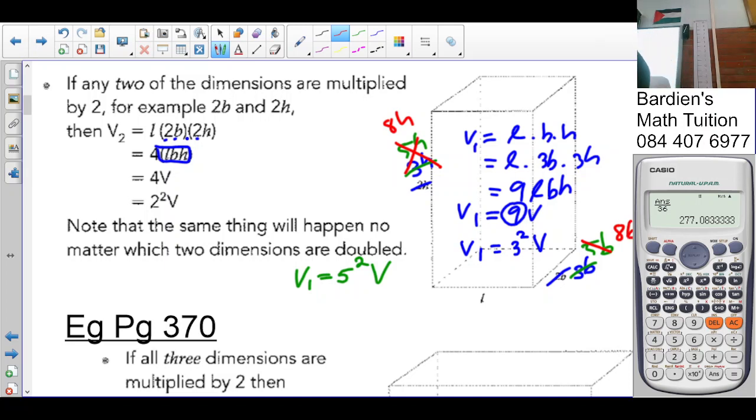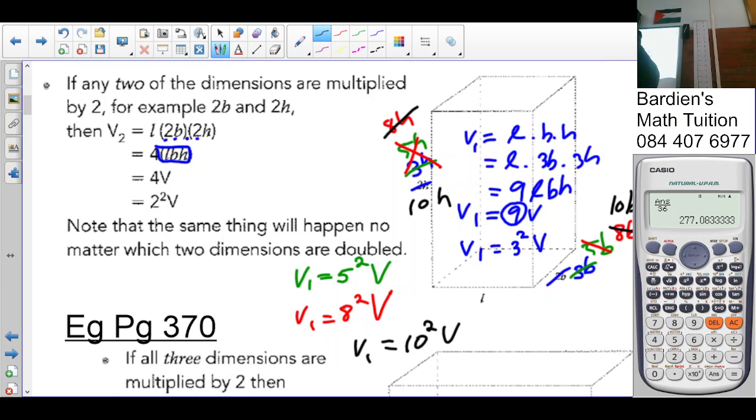What would this be? 8 squared b. Can you see that? What if I said 10h and 10b? What would this have been? 10 squared b.